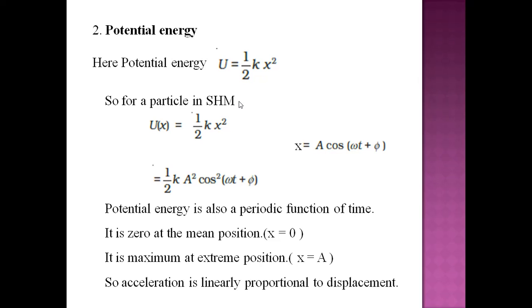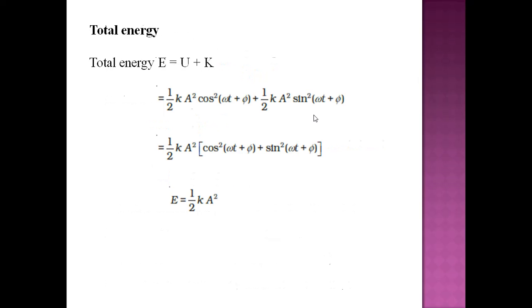So acceleration is linearly proportional to displacement but acts in the opposite direction. Now what is the total energy of the oscillating particle? It will be potential energy plus kinetic energy. When you write the two expressions and add, you get cos squared omega t plus phi plus sin squared omega t plus phi inside brackets, and you know it is equal to 1.